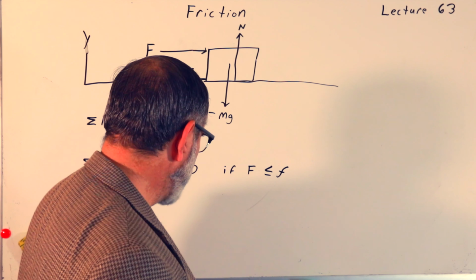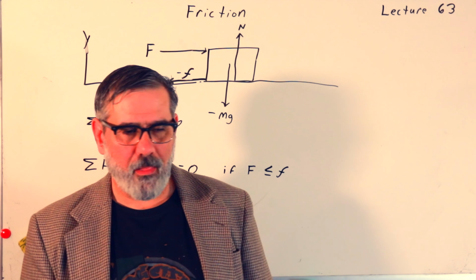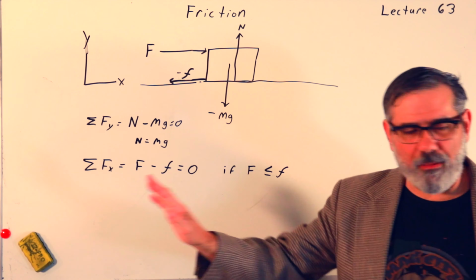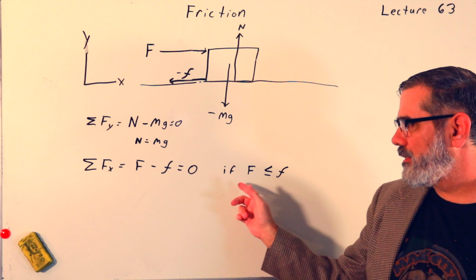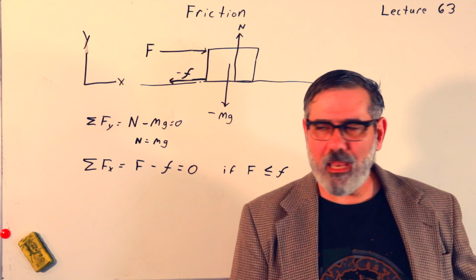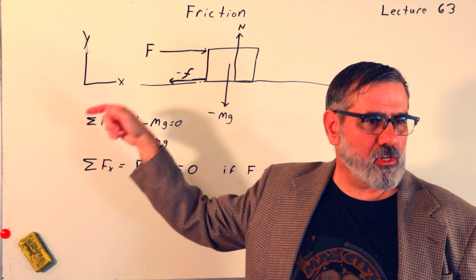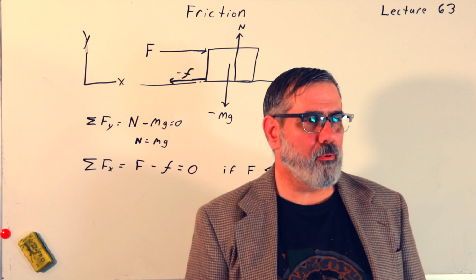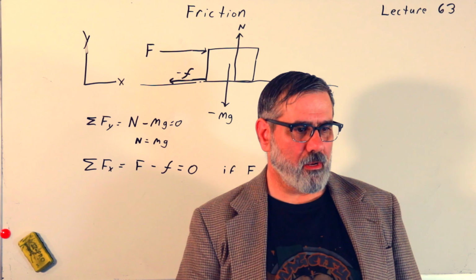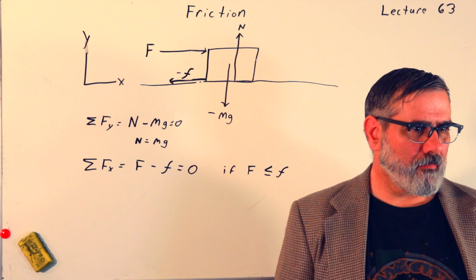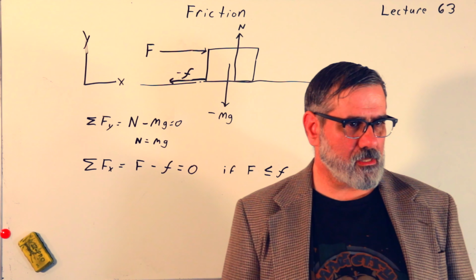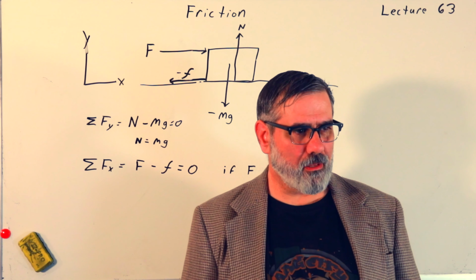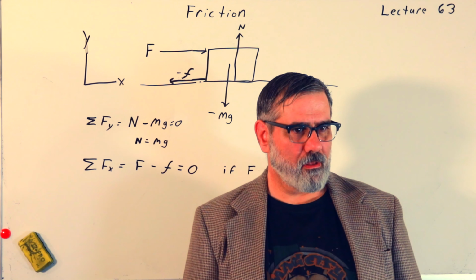Now, the nature of this resistive force: what if big F, the force that I push on the block with, is less than the frictional force? It's not like it's going to accelerate in the backwards direction, right? Because this force, whatever it is, will only push as hard as I push. Does that make sense? It's kind of an important idea to get your head around.